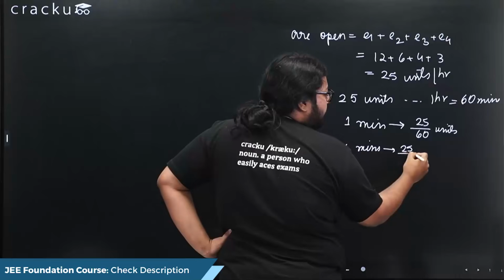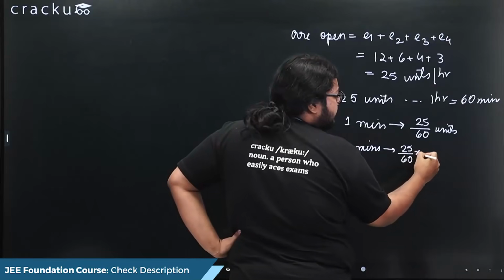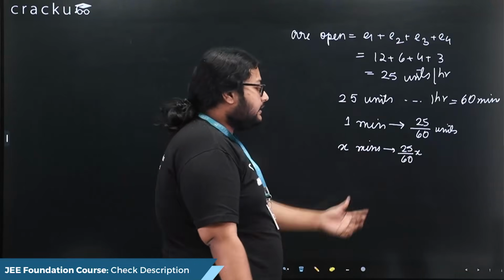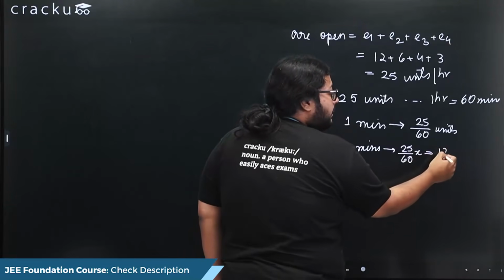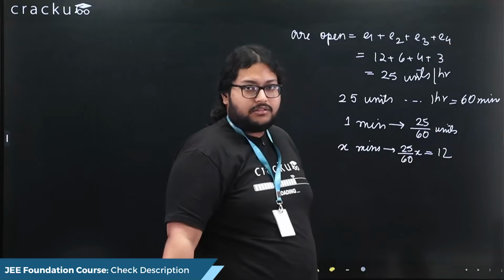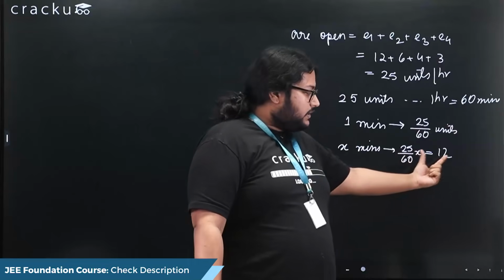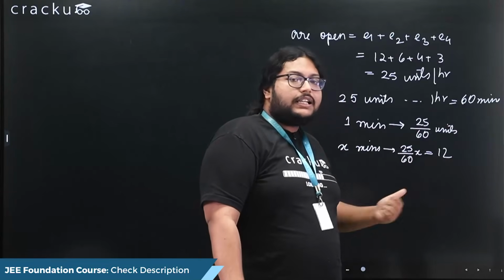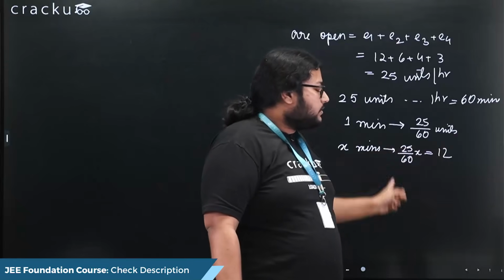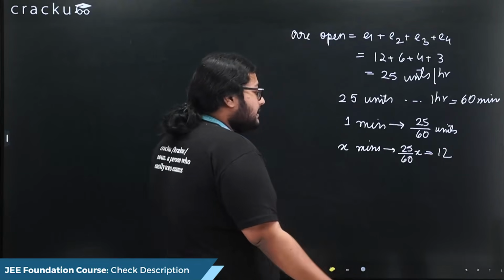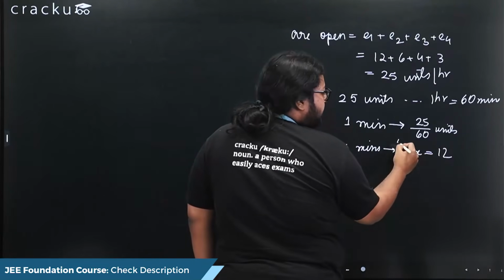In x minutes, 25 by 60x is removed, and this should be equal to the total water of the tank, because if the water removed is equal to the total water, only then I can say that the tank is empty.